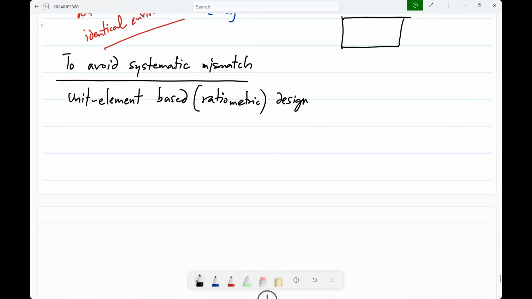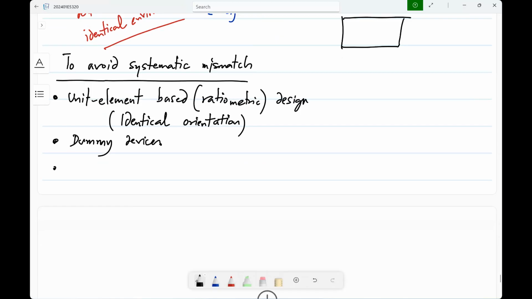That means they should also have identical orientation as well. And you may have to add dummy devices. And finally, you may need to use common centroid.